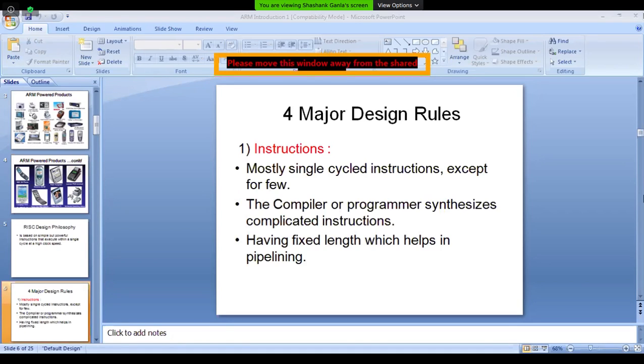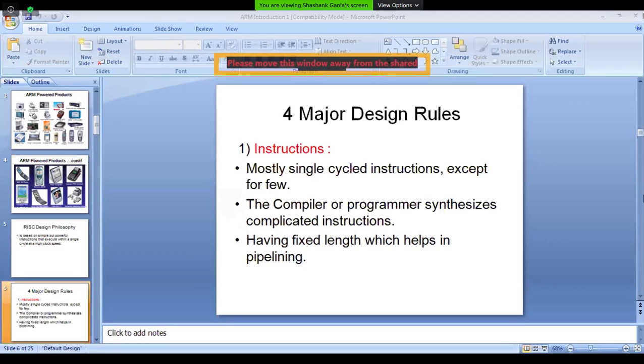So repeated addition means we have to go for a looping method, using add instructions several times through the looping method to realize multiplication. Similarly, division has to be realized through repeated subtraction.